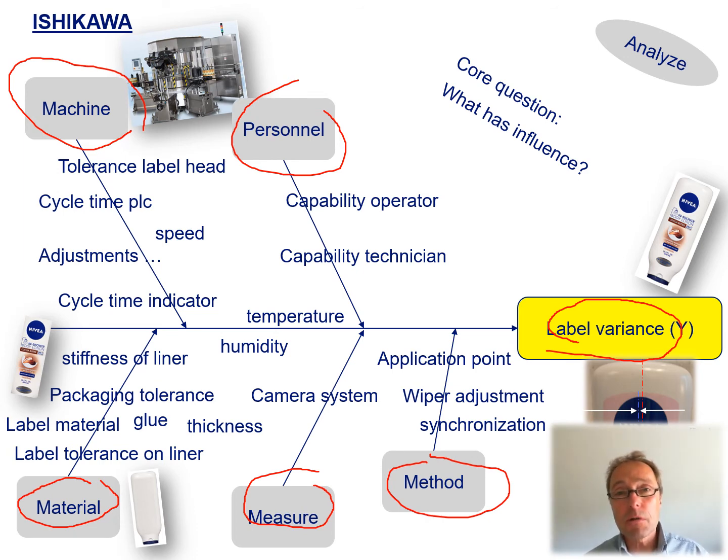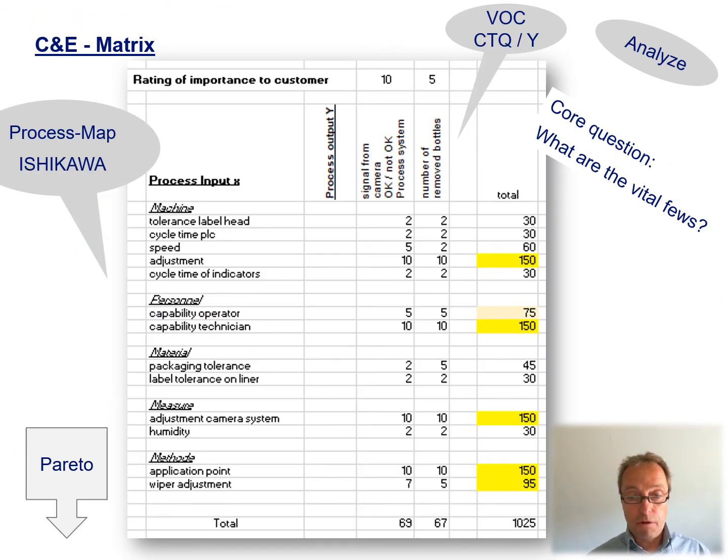When you work out in a team what has influence, you come very fast to a lot of things which really have influence. So at the end, you know now what has influence. But the question is, what has the main influence? What are really the drivers, or what are the vital few?